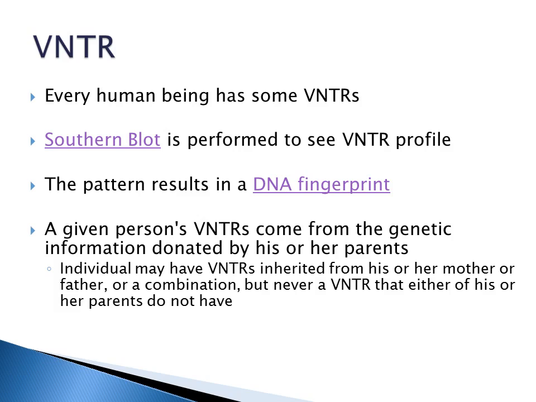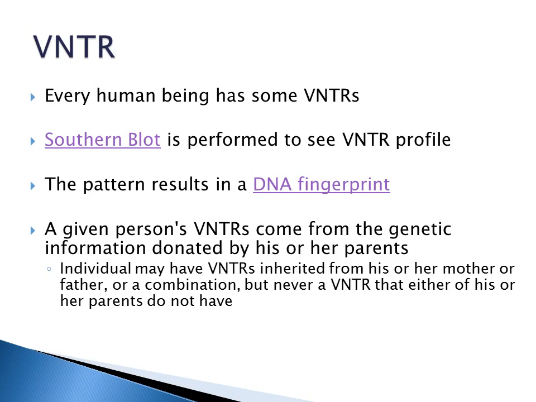So every human being has some VNTRs, and to determine if a person has a specific variable number tandem repeat, we're going to do a Southern blot. So your Southern blot is going to be probed through a hybridization reaction with your radioactive version of that variable number tandem repeat.